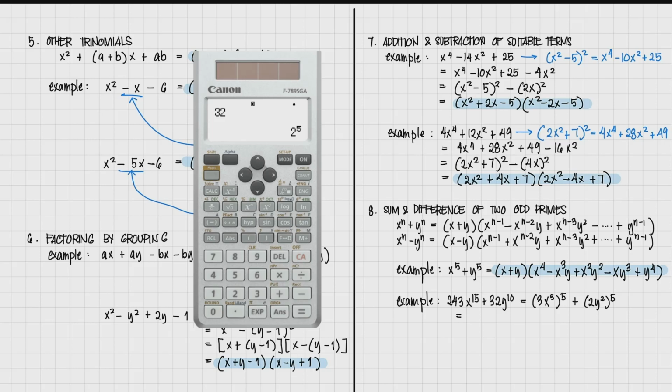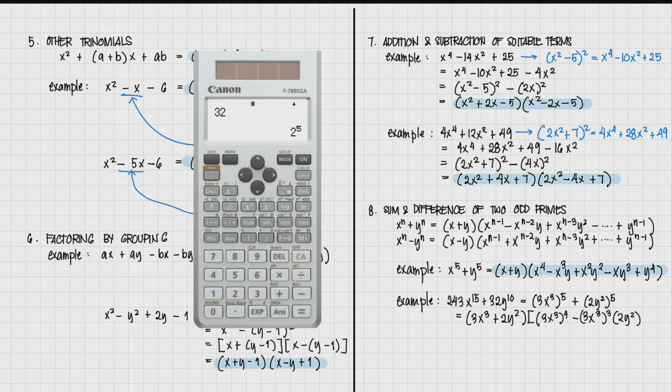So, our x rather, is 3x cubed plus 2y squared times 3x cubed raised to 4 minus 3x cubed raised to 3 times 2y squared. Hindi kasya. So, sa baba ko na lang isusulat ha.